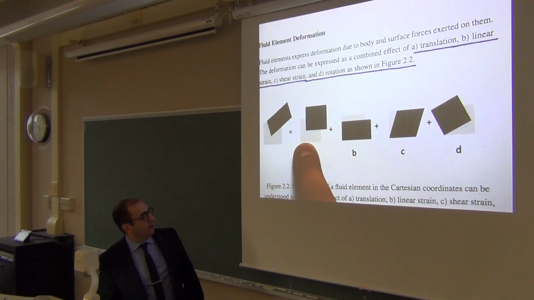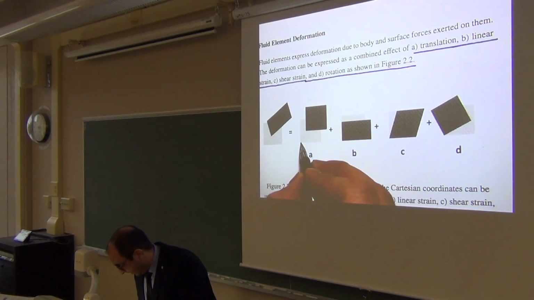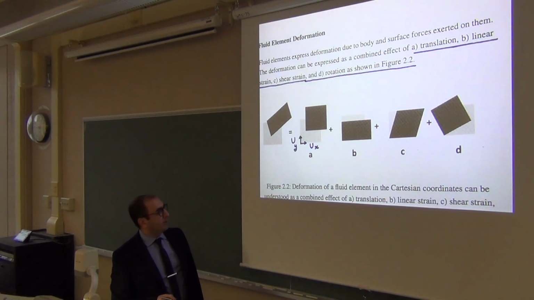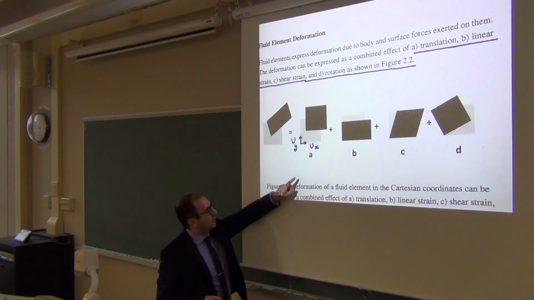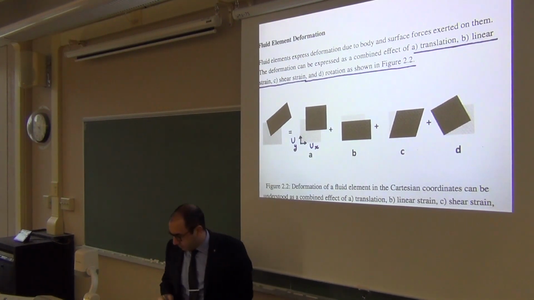If this control volume wants to translate, every parcel here, everywhere, should move with some velocity ux and maybe uy. Every fluid molecule in that control volume should move with some velocity in the x direction and some velocity in the y direction.